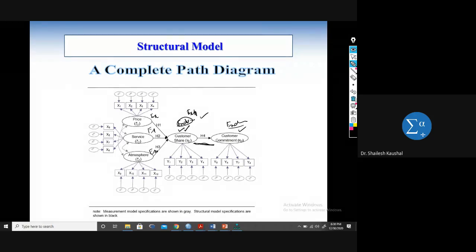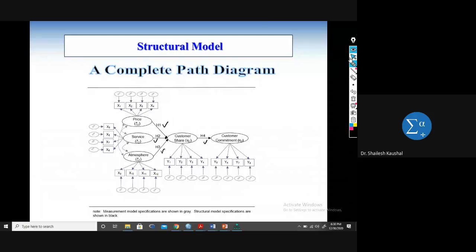So in structural equation modeling, we test our hypotheses like this: whether price significantly contributes to customer share or not, whether service contributes or not, whether atmosphere contributes or not. Okay, so there are 4 hypotheses we can develop.